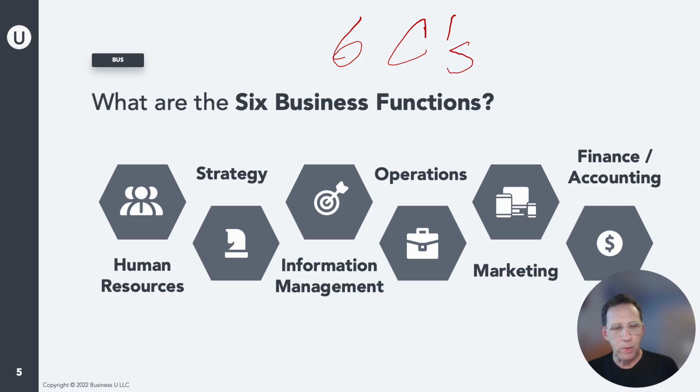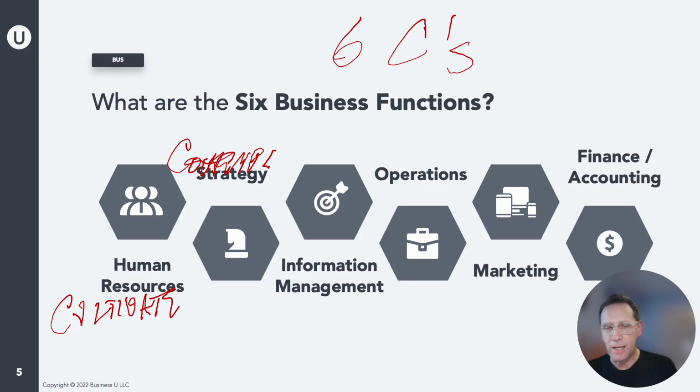Okay, so human resources is cultivate. I know that doesn't look like a U. So cultivate. Strategy is contemplate. Information management is compile. Operations is control.